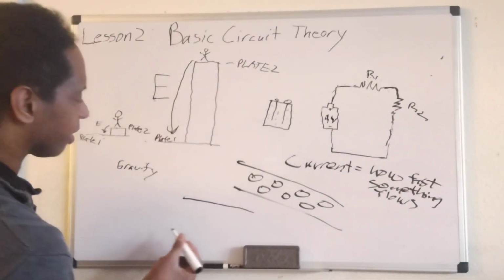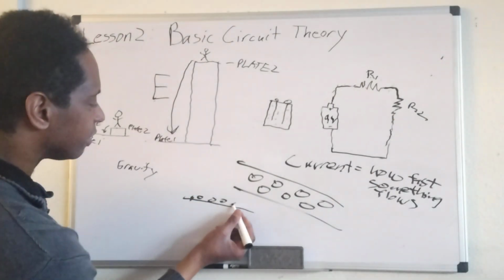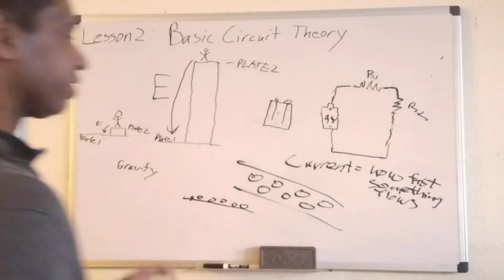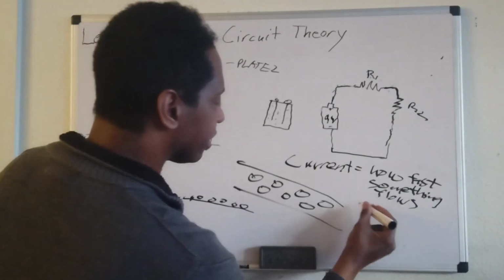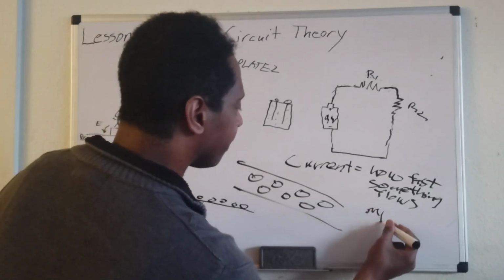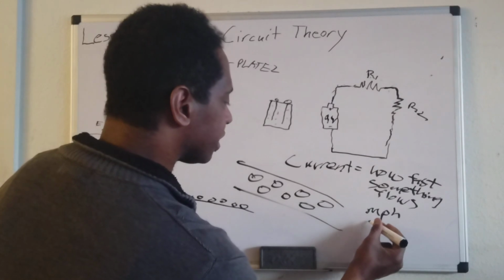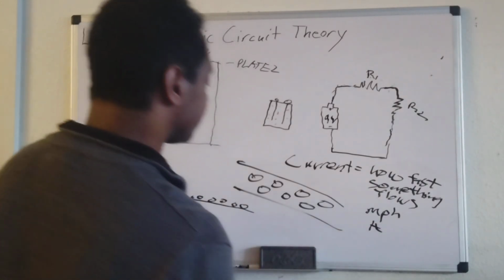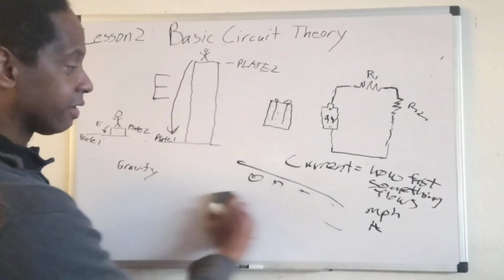In electronics, say a wire, it's how fast charge flows. But it's still current. In a car, how fast the car goes is miles per hour. In electronics, it's amperes or amps.